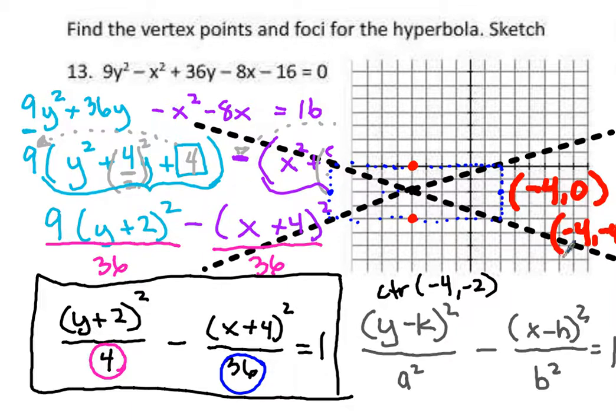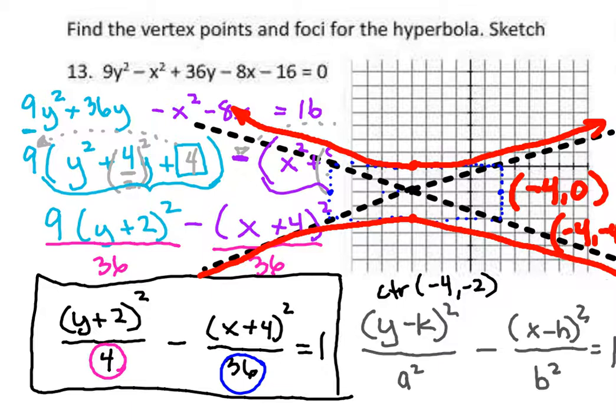So those would be the 2 points for your vertices, as your hyperbola opens up very flatly to approach both of your asymptotes. So here we have a quite flat hyperbola, like that.